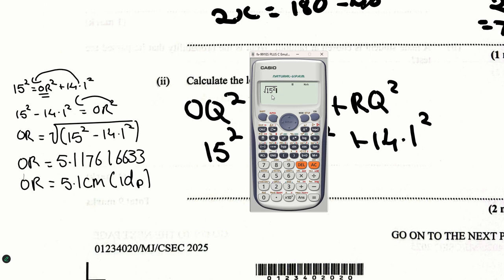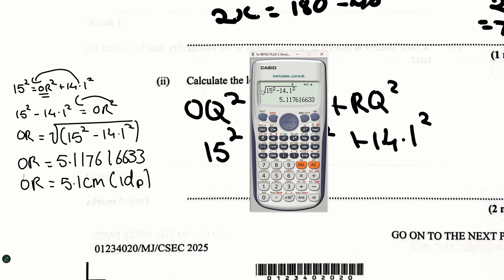They're not taking it out, they're actually finding the square root of everything under this line here. So 14.1 squared, right? This is exactly what it has. You press equal, and to get this in decimal format, you press this SD, so you get 5.1176 whatever have you.